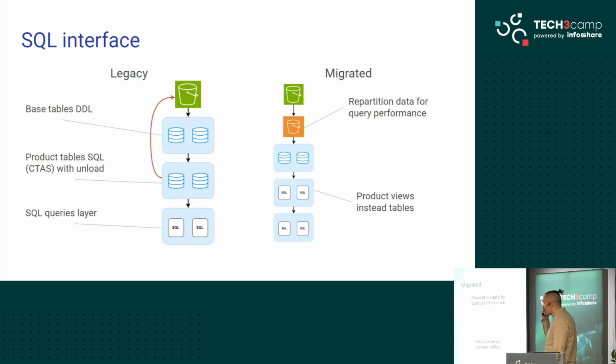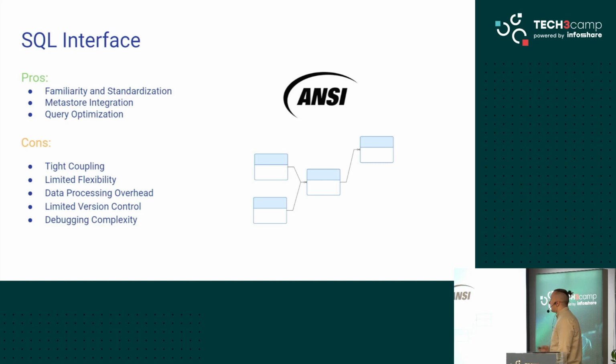We saved the same table definitions for the data, and instead of tables, we utilized a view structure, and the queries stay almost the same, except that all the SQL should be translated to the Hive dialect, which is not very difficult, but routine work. A few words about this SQL interface. It's actually a very powerful technology, widely used and highly standardized.